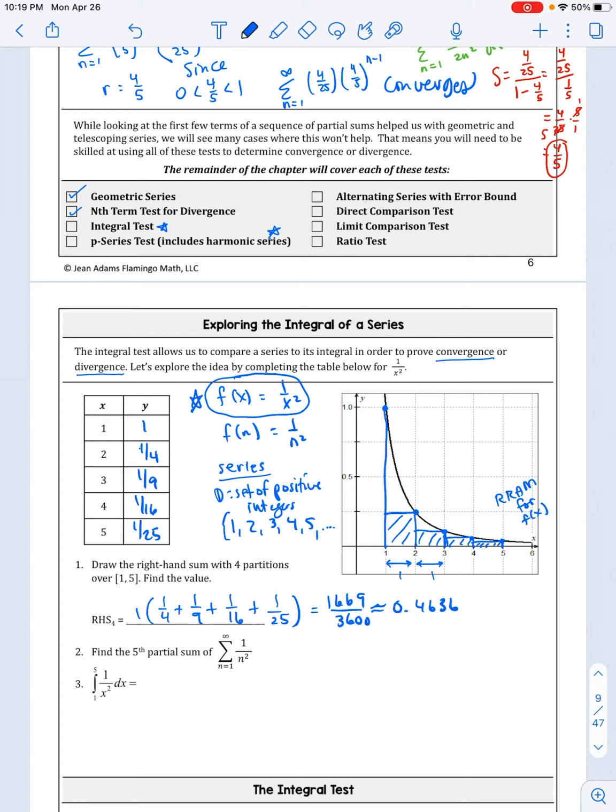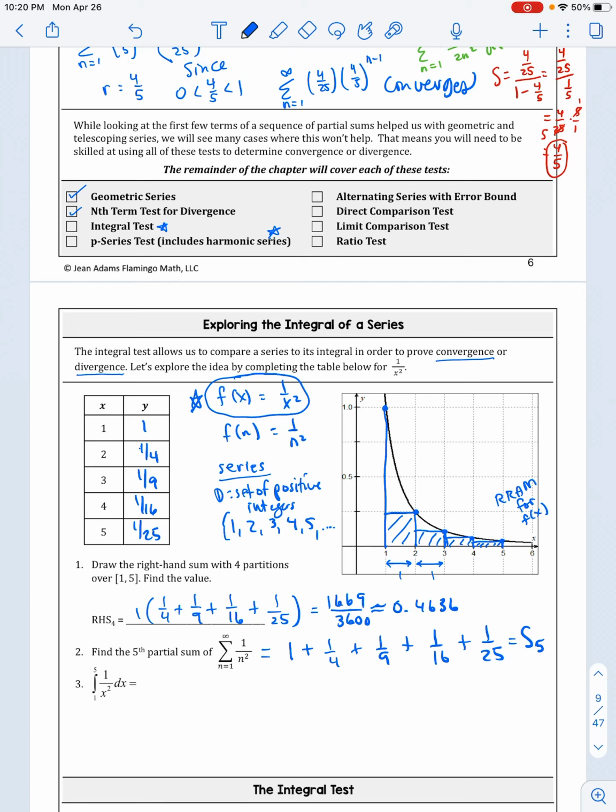So that's your RRAM for f of x, but it just so happens that these values right here are all the values for the range of my f of n. So if I was doing the fifth partial sum, my first one is 1, my second one is 1/4, my third one is 1/9, my fourth one is 1/16, and my fifth one is 1/25.